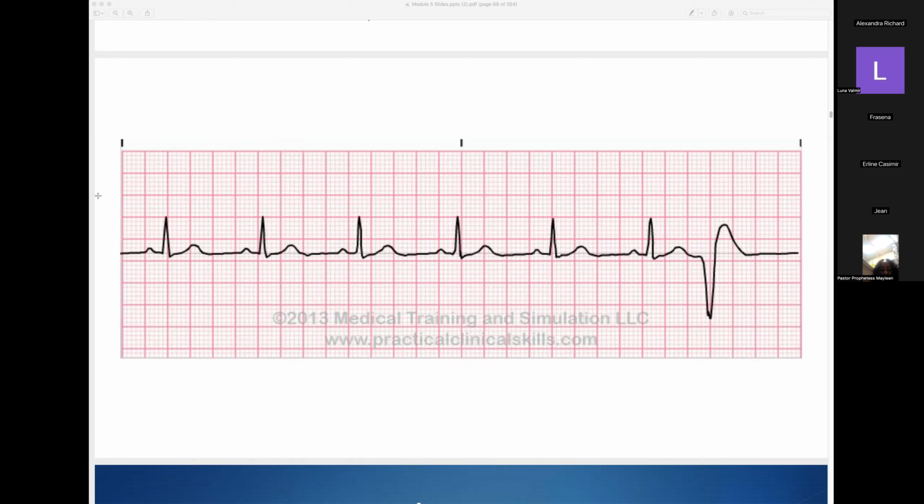Very good. So something is weird right around here, right? I circled too much.